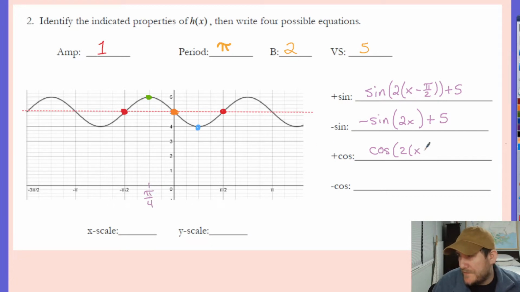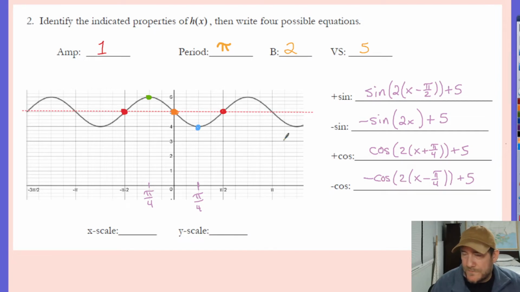And since it's left, it must be plus pi over 4. Plus 5. And lastly, we got negative cosine, 2x. Same phase shift, same pi over 4, but it's to the right, so it'll be minus. That's it. That's all of them.